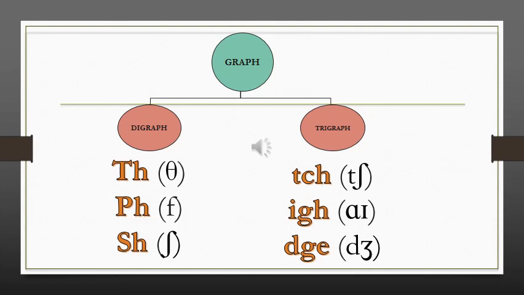As the names describe, a digraph is a single sound produced with the combination of two letters, two consonants. You need to keep the concept of the consonant cluster or consonant blend in mind.